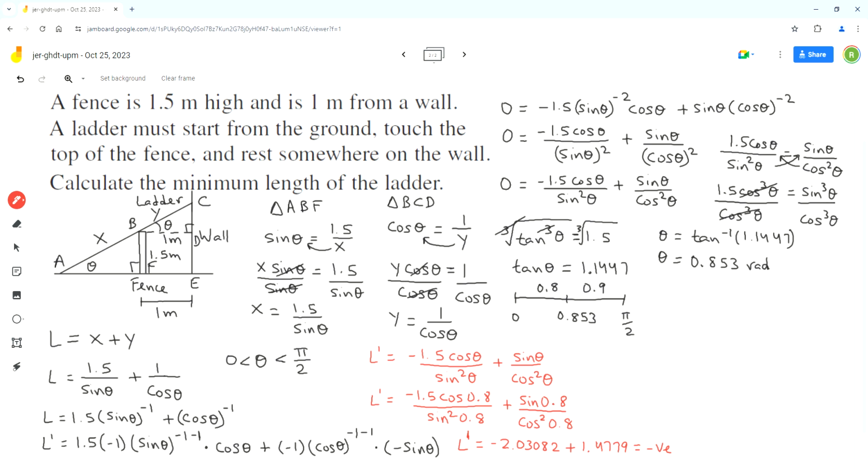That means the slope of the tangent is negative on the left side of 0.853. That means the function is decreasing on the left side.